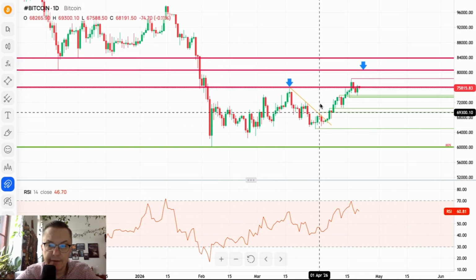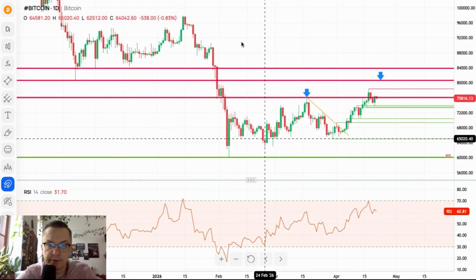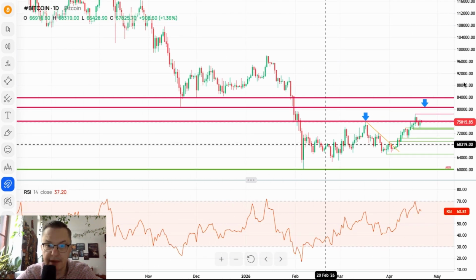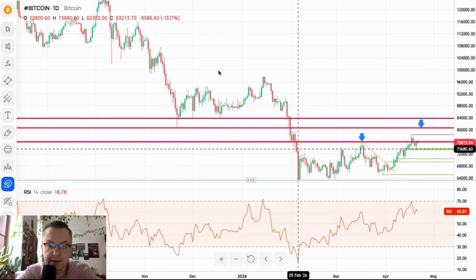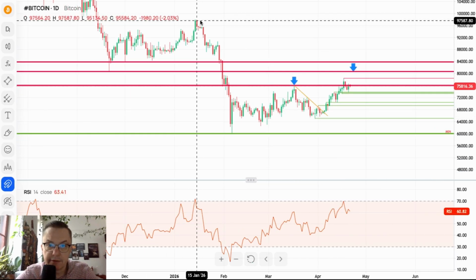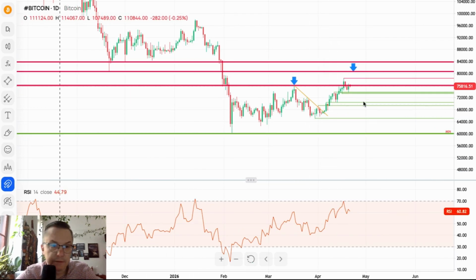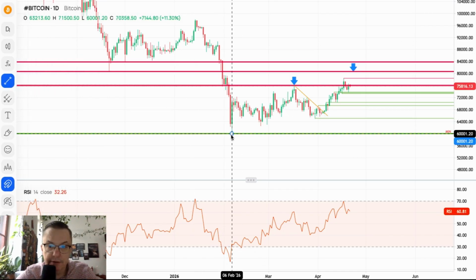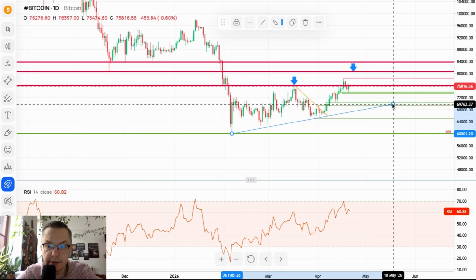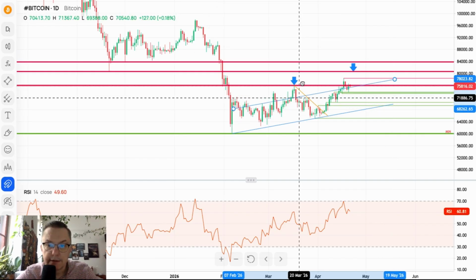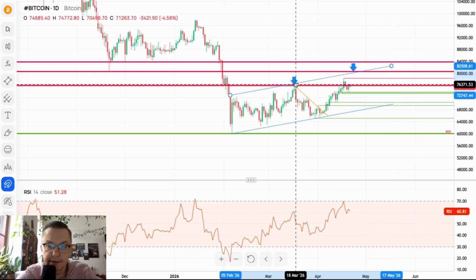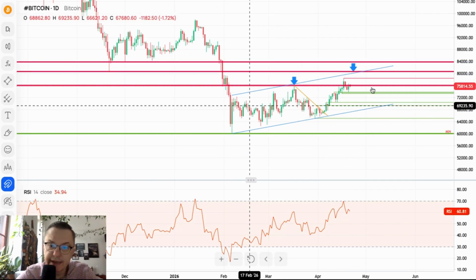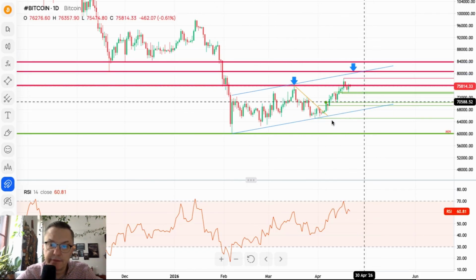Nevertheless, if you take a look here, you can see that previously we got something called a bearish flag or bearish pennant, right? There was a pole here, and you can draw the bearish pennant. For now, it doesn't look as clear as it used to, right?